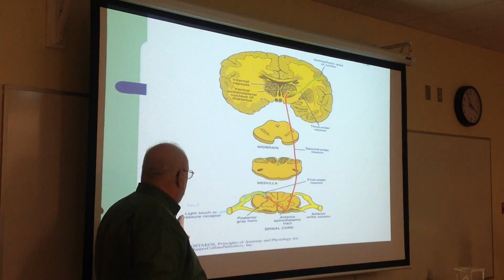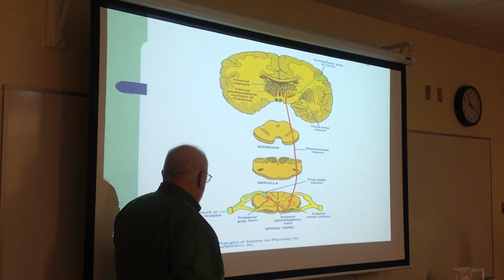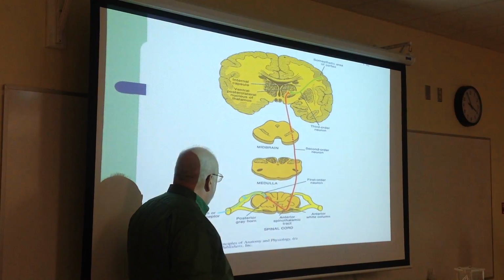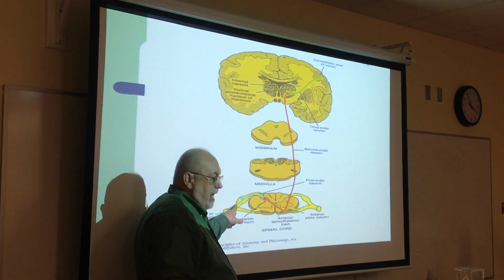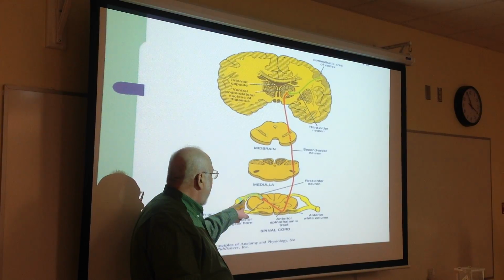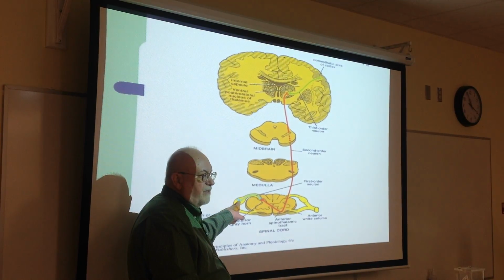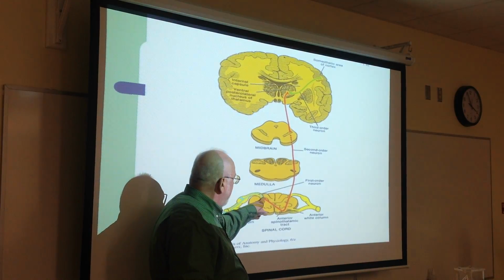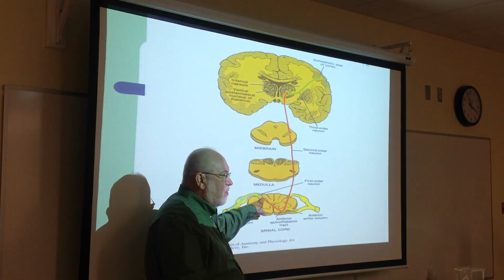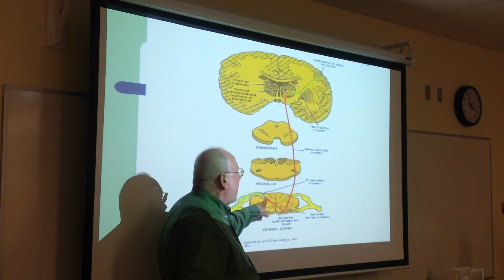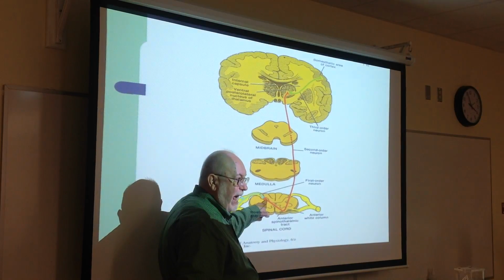All right, so here in blue, we have a sensory neuron coming into the dorsal root, passing through that dorsal root ganglion, because there's the cell body for the neuron, and it comes into the posterior gray horn of the cord, where it synapses or connects with a second neuron that's done in red.